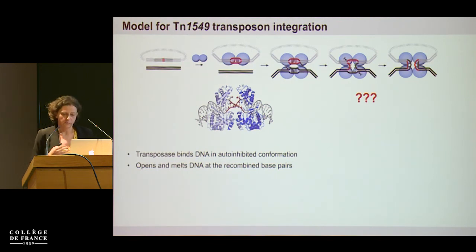Based on models from other tyrosine recombinases, we hypothesized that target capture will happen in a tetrameric complex which unites the target and the transposon DNA. This will most probably require major conformational changes that will then activate the transposase.